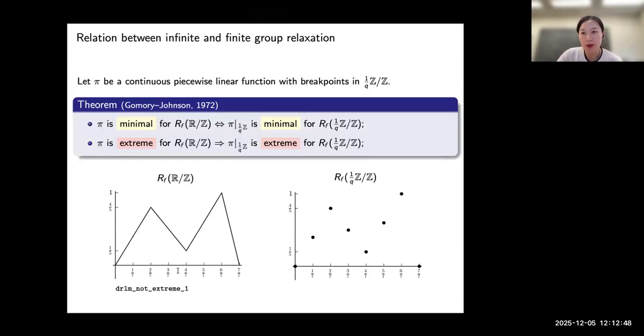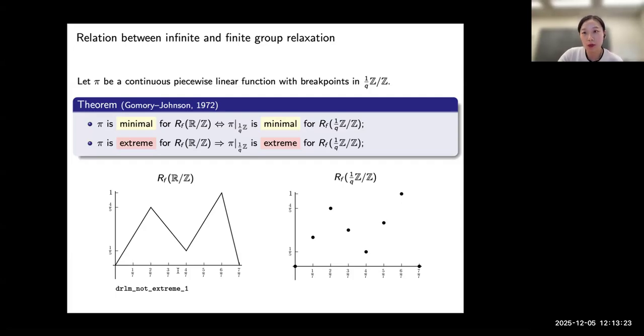What are the relations between different notions in the finite and infinite group setting? Well, according to a classic theorem, the restriction of a minimal function for the infinite group problem is a minimal function for the finite group problem. And the interpolation of a minimal function in the discrete setting for the finite group problem is minimal for the infinite group problem. However, this two-way implication is not true for extreme functions.